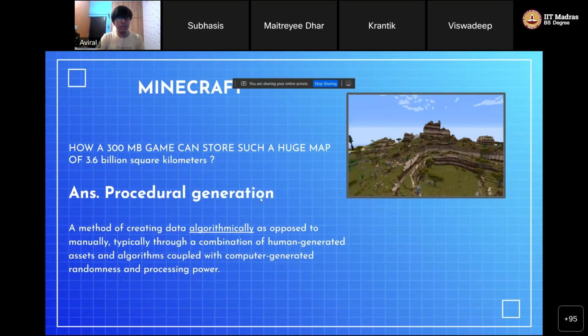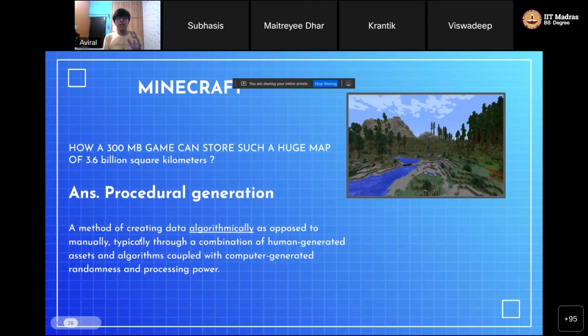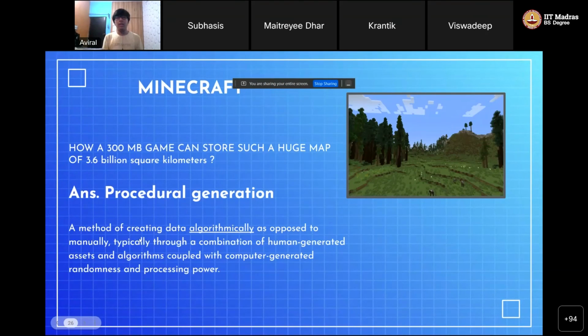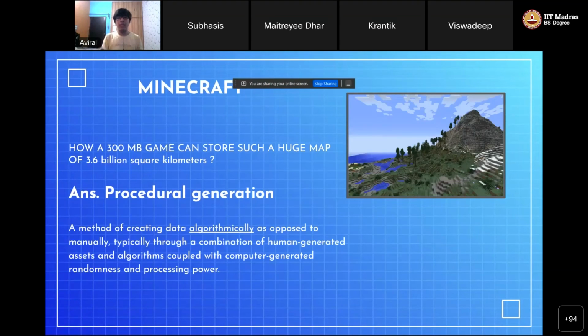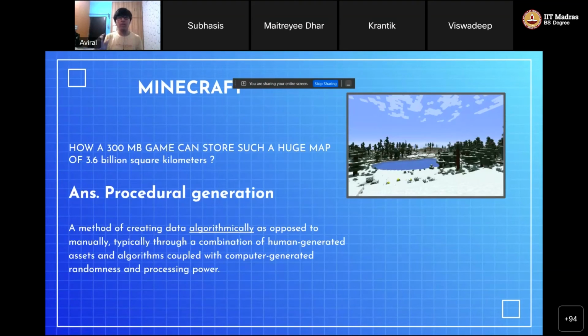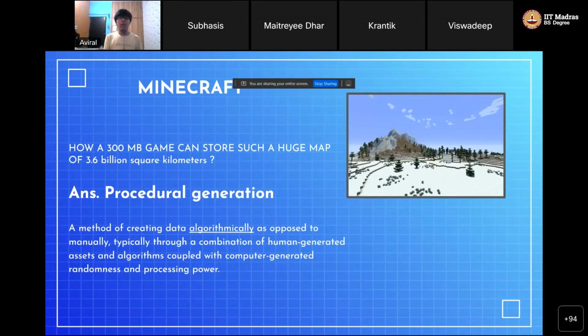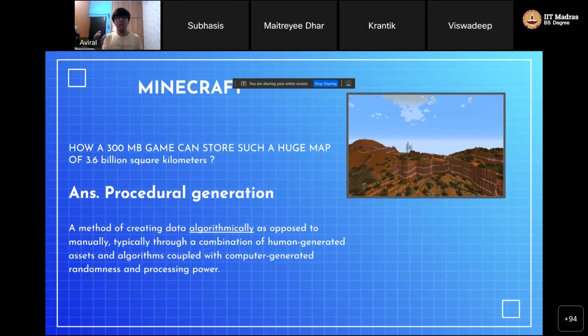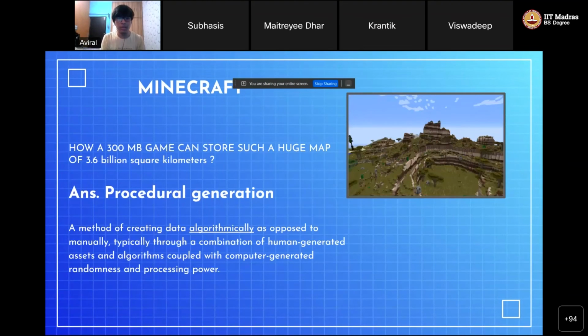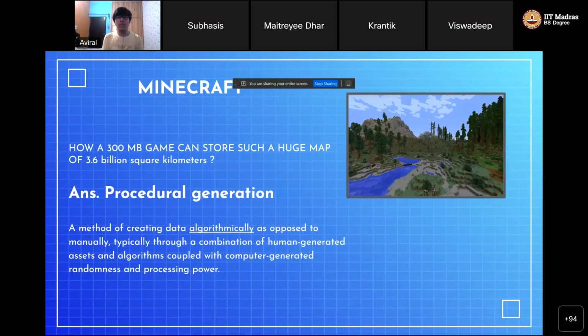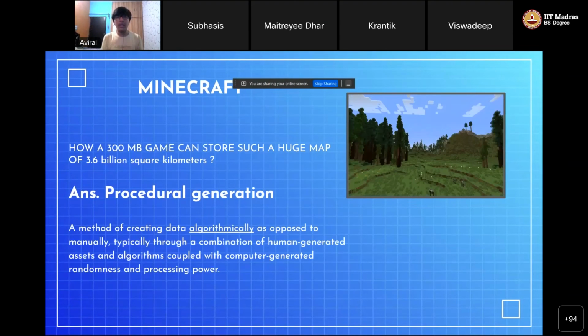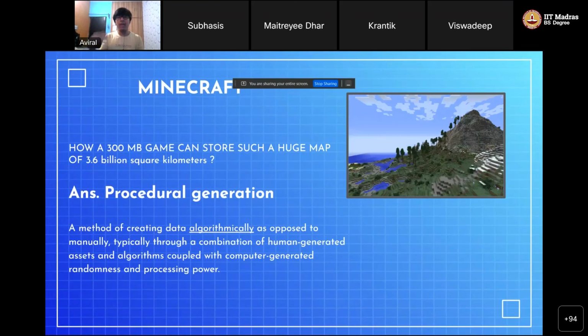Procedural generation is a method of creating data algorithmically. Instead of doing it manually, you just put in an algorithm, a recursive, fractal-based algorithm. We use this to procedurally generate the whole environment, and it tremendously saves time.